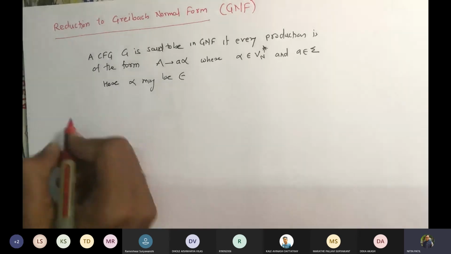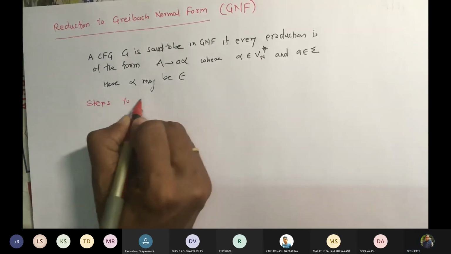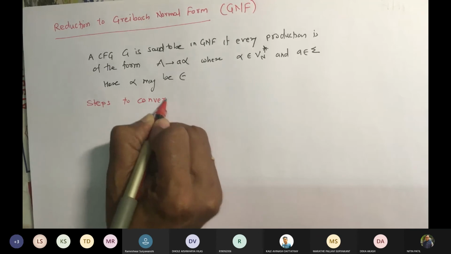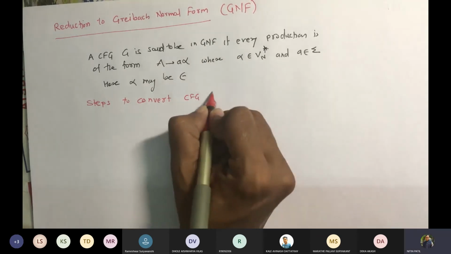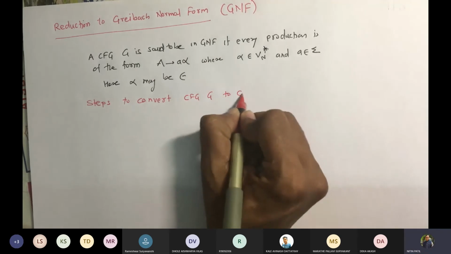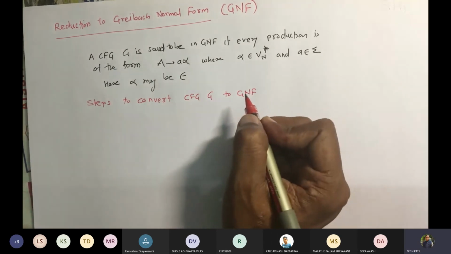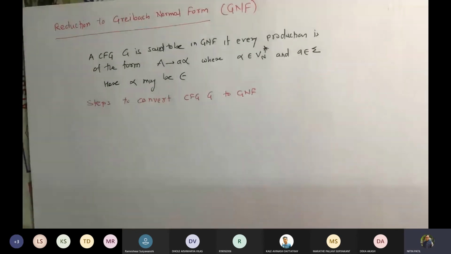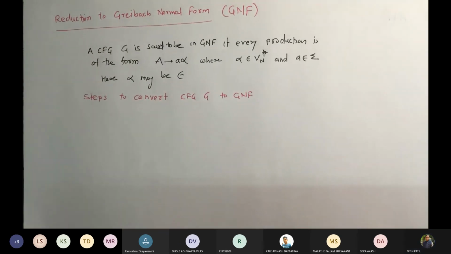So, the steps to convert the given grammar G to GNF.